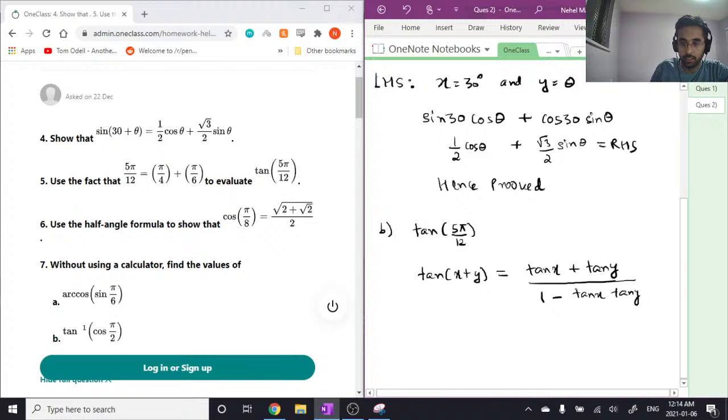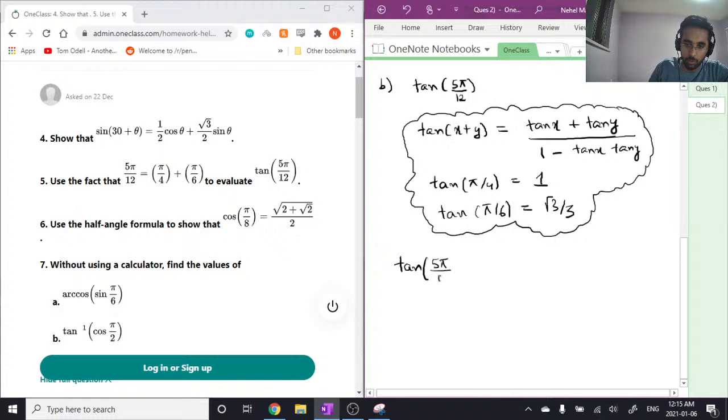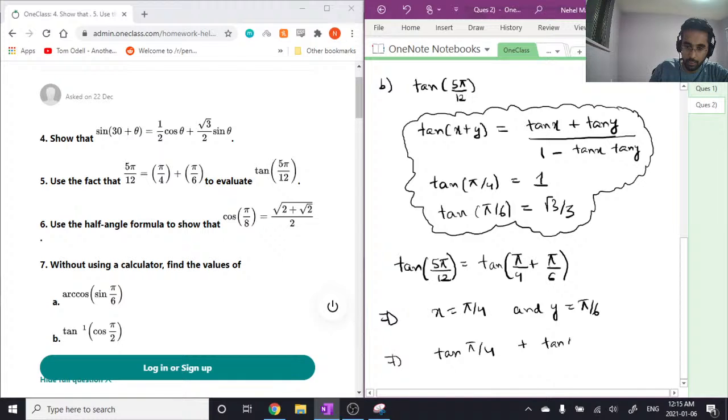Another thing as part of the think cloud we would have is the tan value of these terms. So tan of pi over 4 is 1 and tan pi over 6 is root 3 over 3, which we get from the unit circle, or if you do recall them. So I'm going to enclose these terms in the think cloud so we have them ready when we need to use them. Which is equal to tan of pi over 6 under root 3.